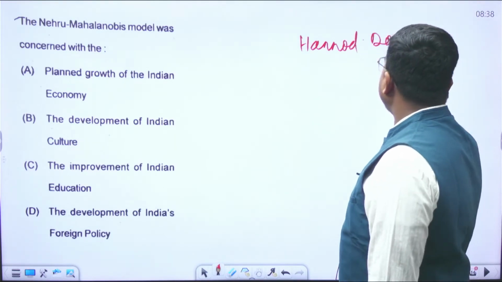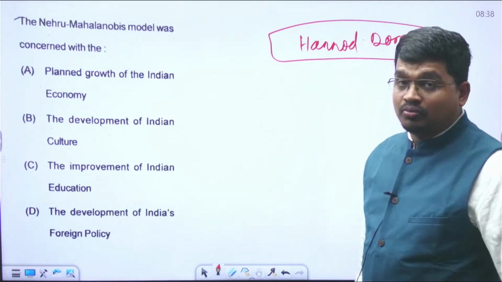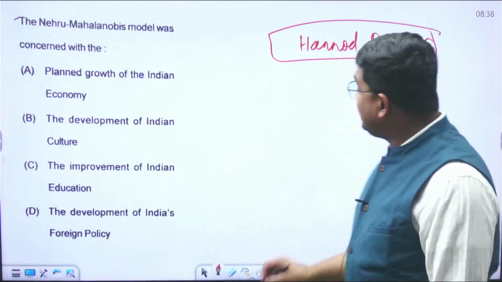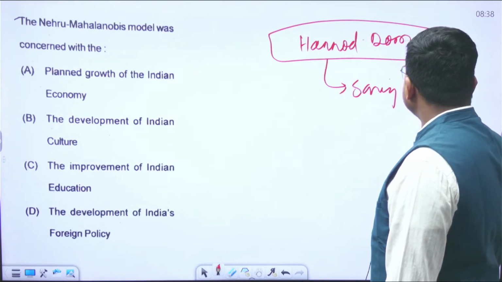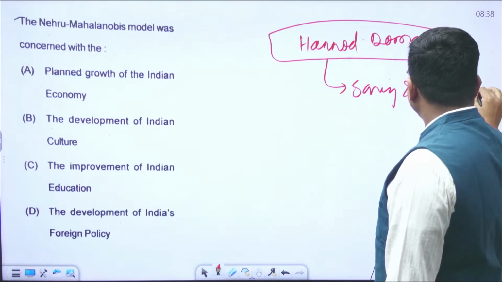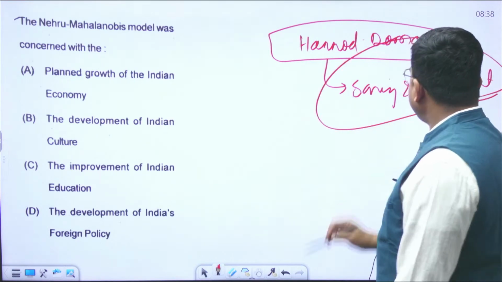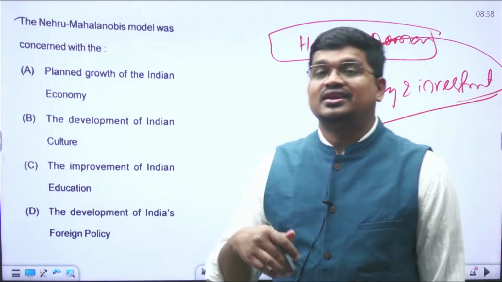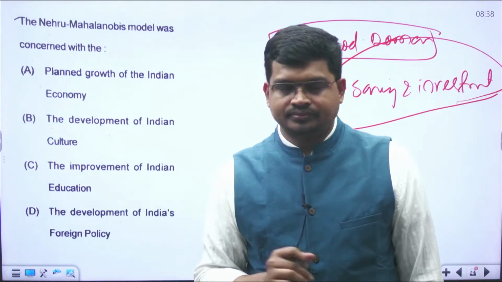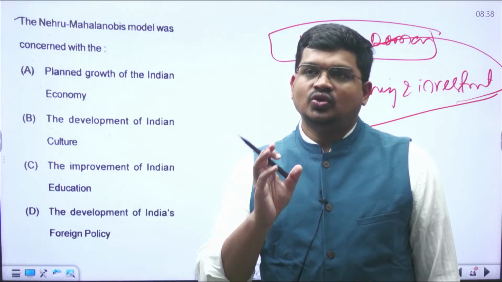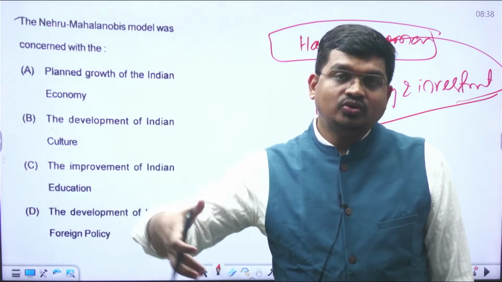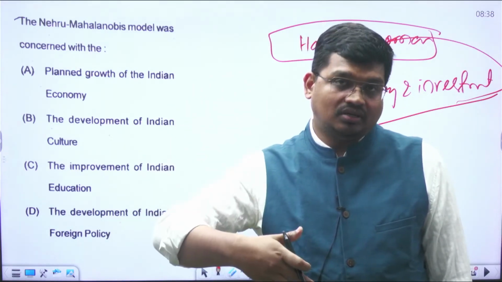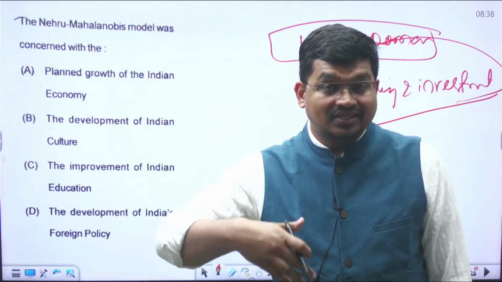Two economists were there, and they gave the idea of the saving and investment relation, which is necessary for economic growth. Because you need to invest to achieve economic growth, and you get that investment from the savings.